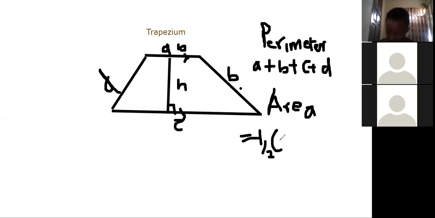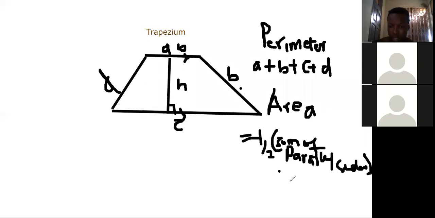So half of the sum of parallel sides times the height.